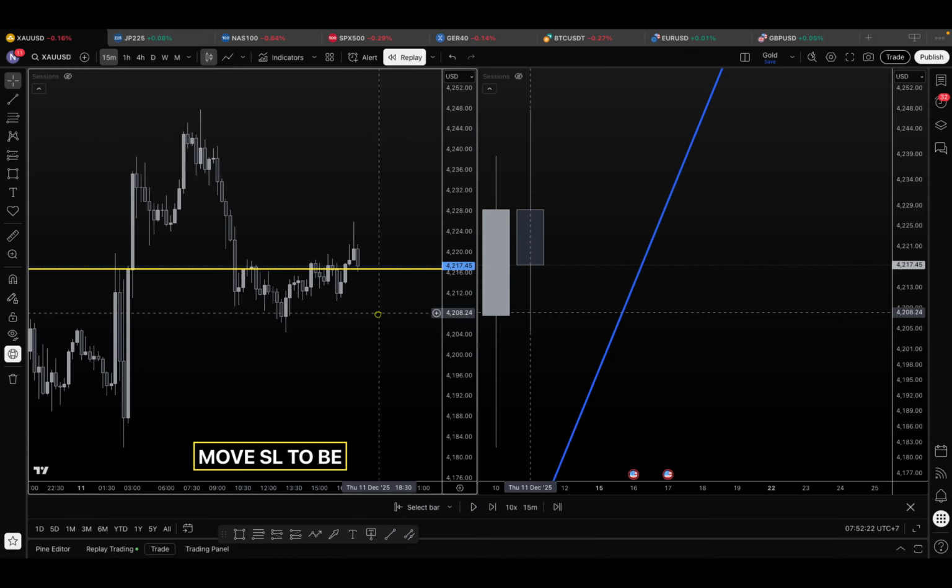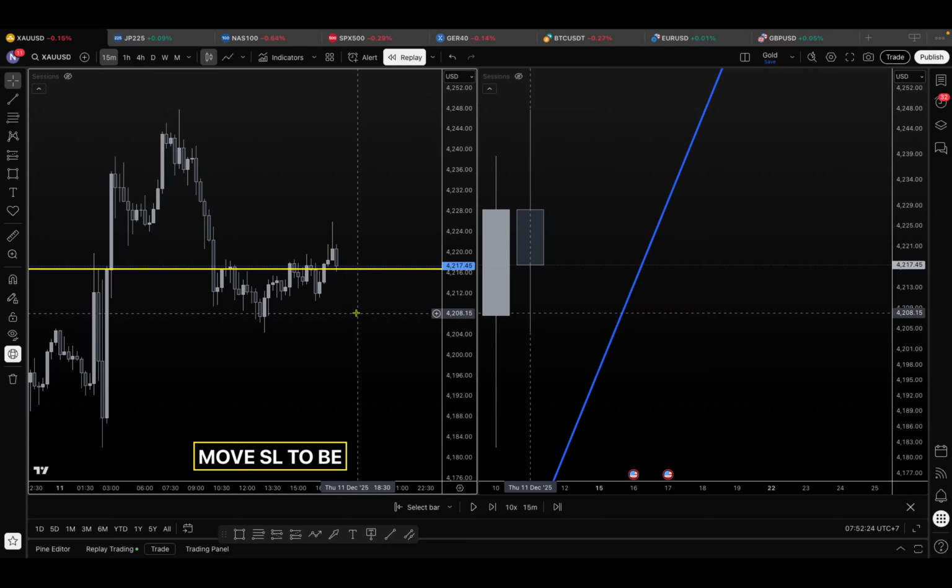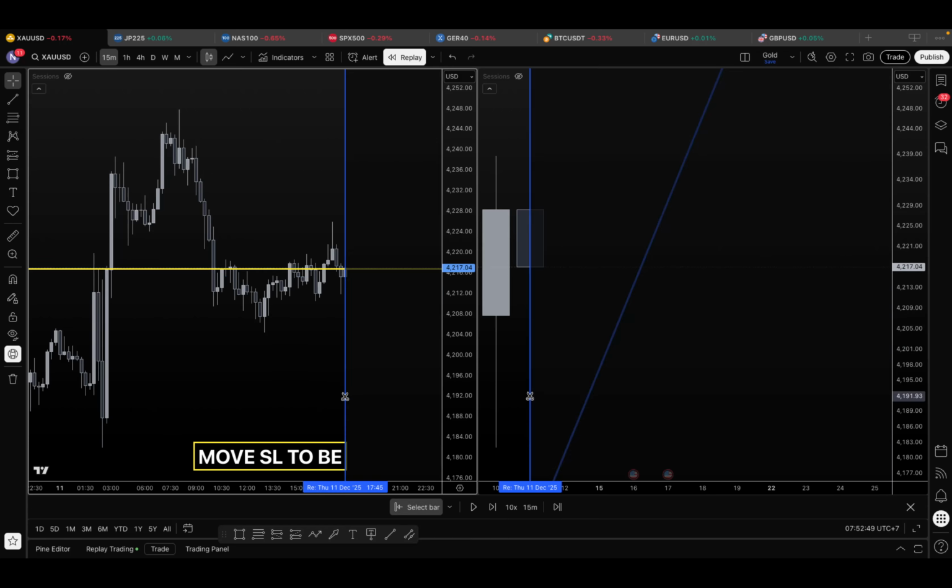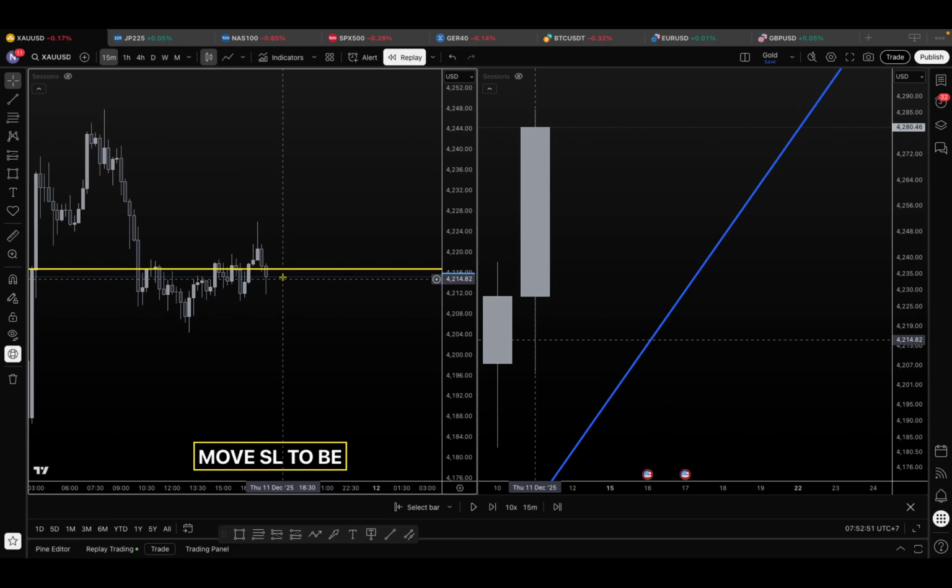So I decided that I will wait for the price to go down a little bit more to have a better risk reward ratio, which is what I did, and I get in right here.